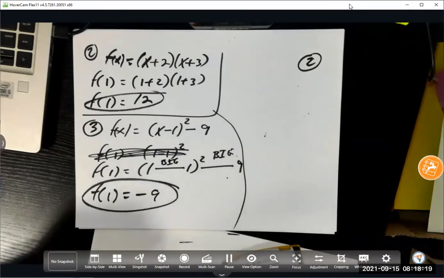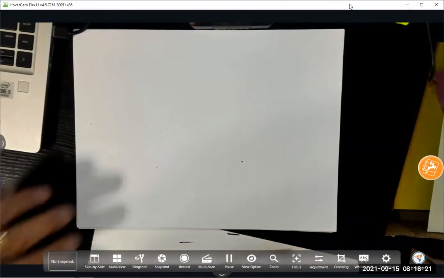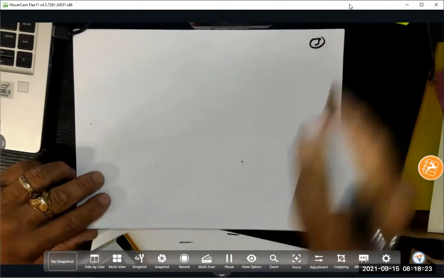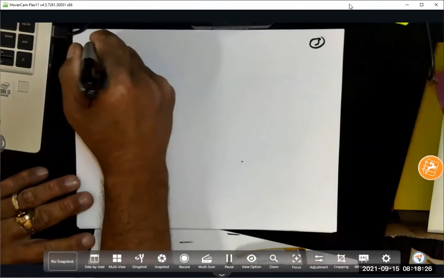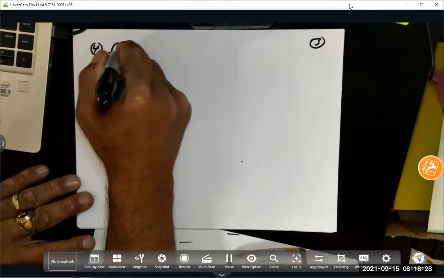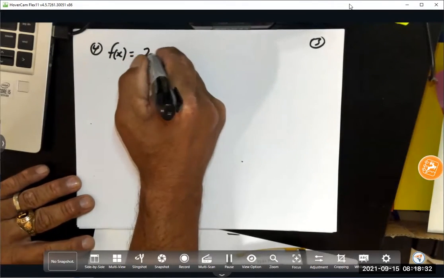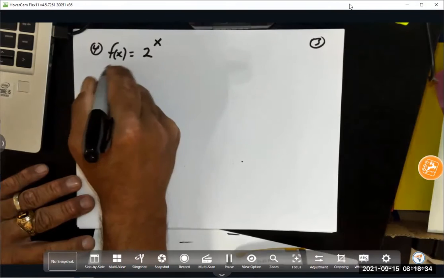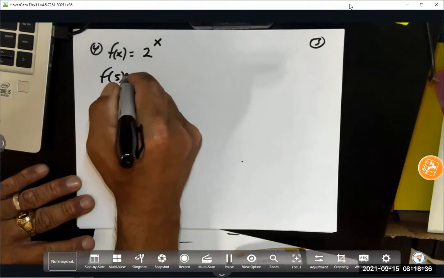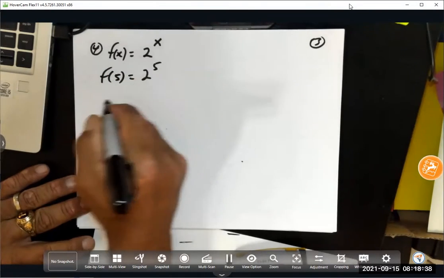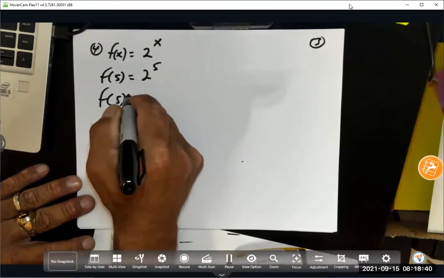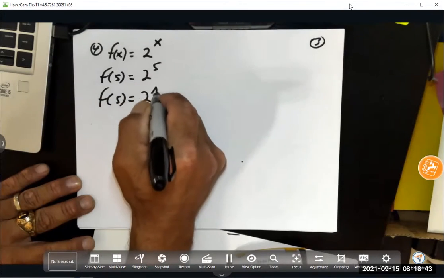All right, another one. Page 3. All right, suppose I have number 4. We have f of x equals 2 to the power of x. Okay, so if I say find f of 5, that means 2 to the 5 power. But let me show you how to do it in the calculator. You're gonna go 2 to the power of 5.